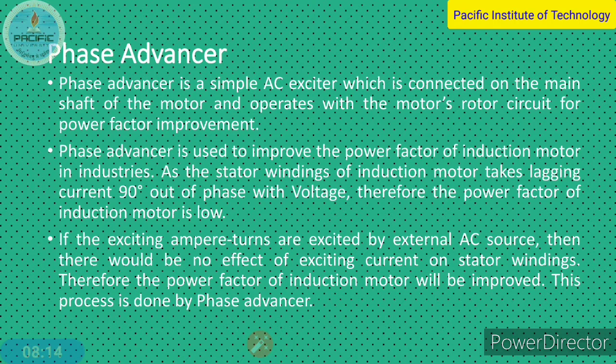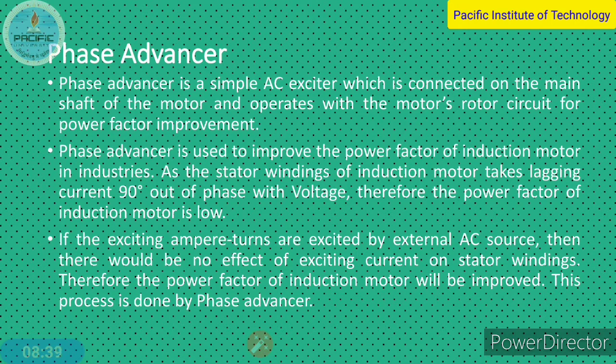Now, if the exciting ampere turns are supplied by an external AC source, then there would be no effect of the exciting current on the stator winding. This is the basic concept behind the AC exciter. So the AC exciter provides exciting ampere turns to the induction motor whose power factor is to be improved, and therefore the power factor of the induction motor will be improved.